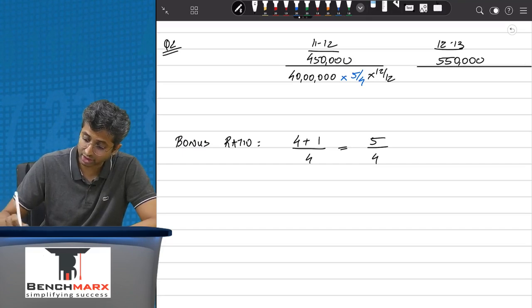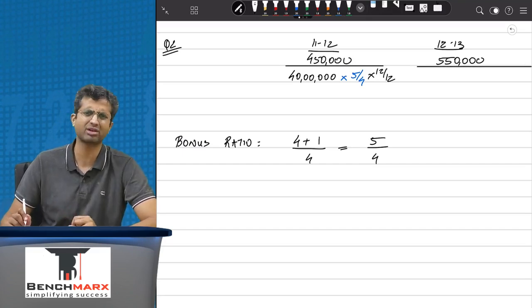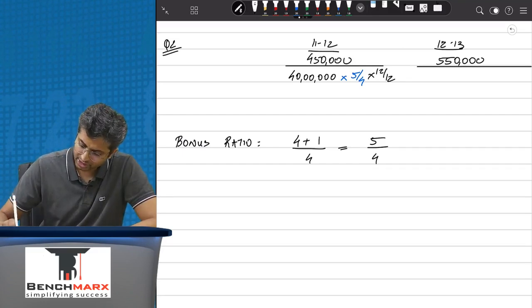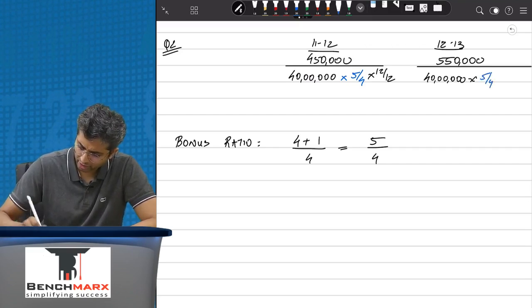Same is the case over here. Certainly the bonus was issued on 1st of October, does not really matter. We'll assume that the bonus is issued from the very first day. So this is again 40 lakhs into 5 by 4 into 12 by 12.